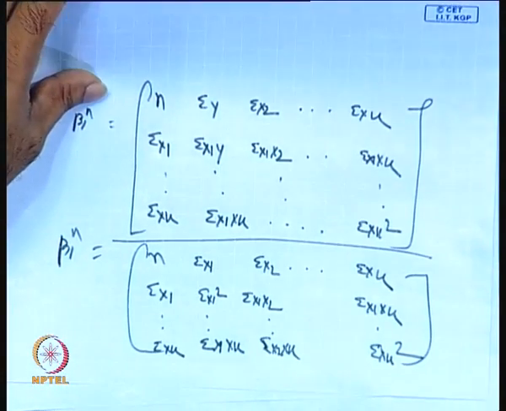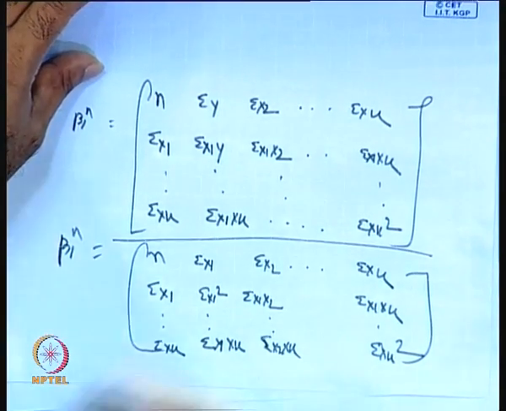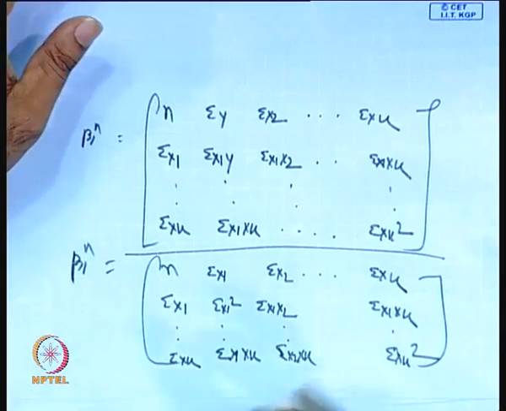Now we can again simplify in a deviation format, the way we have done in the case of trivariate econometrics. In fact it is a very complicated thing. Doing it by hand or manually is very difficult.